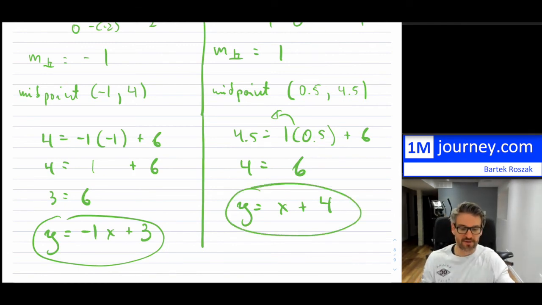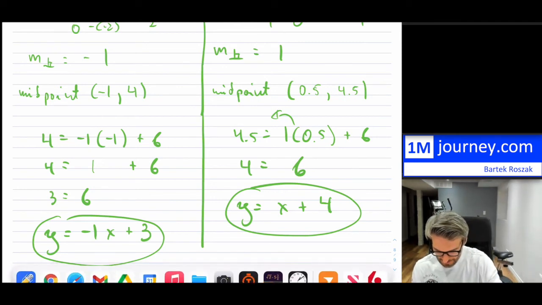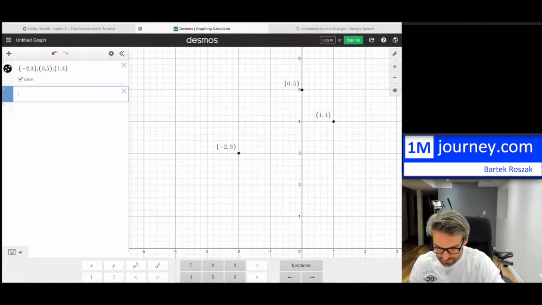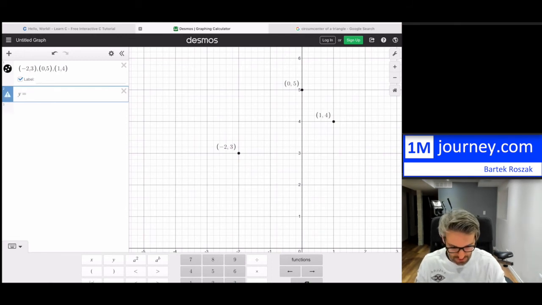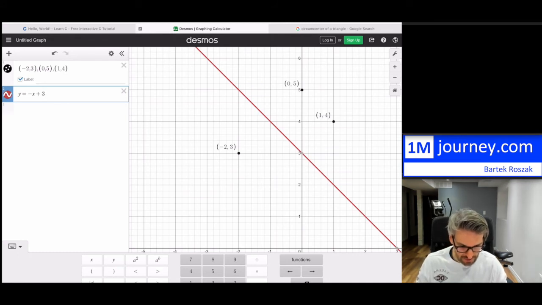So let's graph them so that we can see this nicely. Y is equal to negative 1x plus, was it 3? That's what it was there. Notice that it is going through that negative 2, 3, and 0, 5.